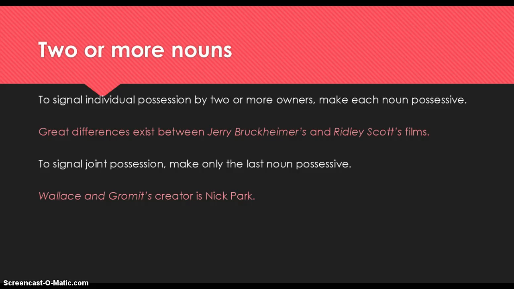So we need to make each one of those nouns, Bruckheimer and Scott, possessive. And that's what the example shows you. Now, if there's something that signals joint possession, only make the last noun possessive. Here's my example. Wallace and Gromit's creator is Nick Park. Now, even though Wallace and Gromit has an and in the middle, it is one thing. It's Wallace and Gromit. So we're going to only make the last part of it, Gromit, possessive by adding apostrophe S.